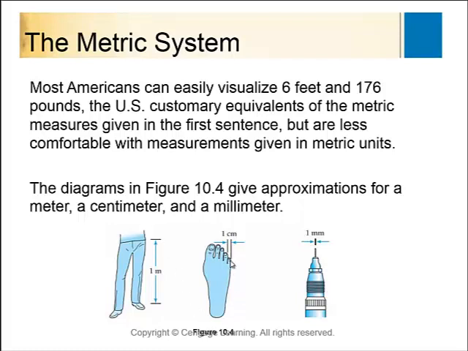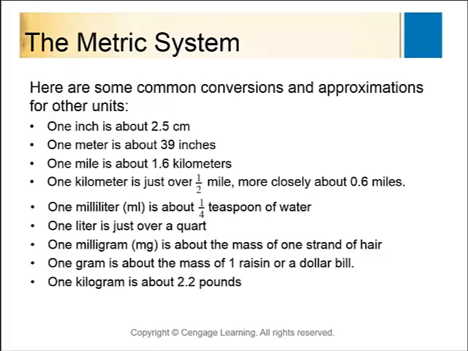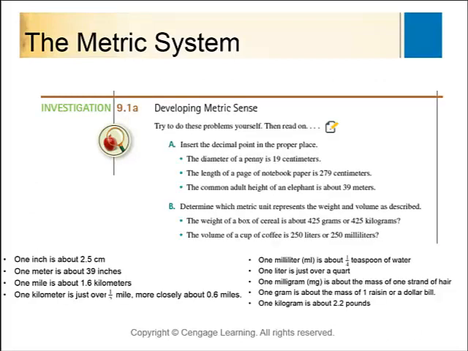And the width of your pinky toe is about 1 centimeter, and just showing you those different measurements. Here are some common conversions that we will use in our homework, and I will use them in doing a couple of different problems for you. So we'll need these conversions in order to look at these.